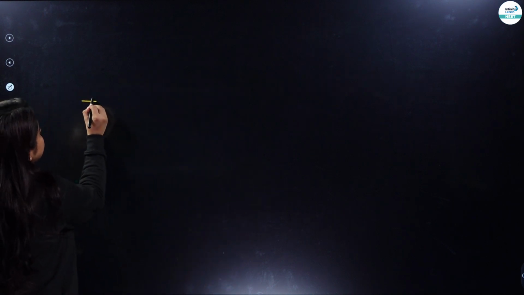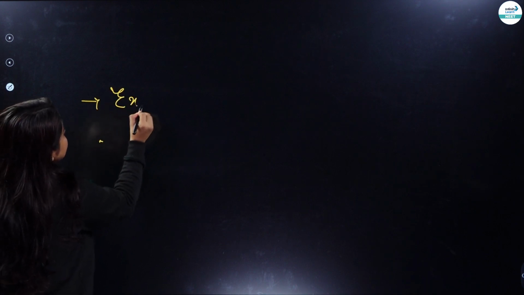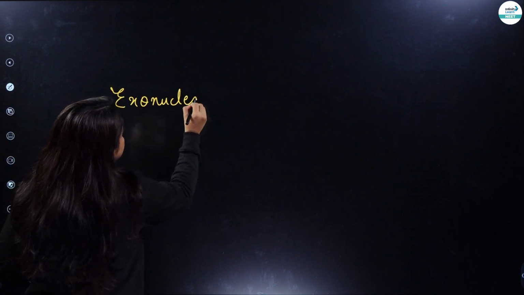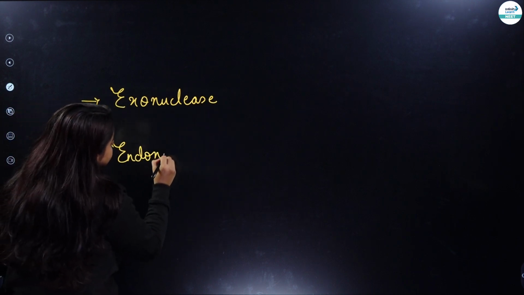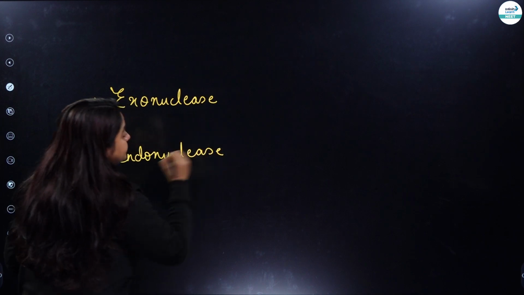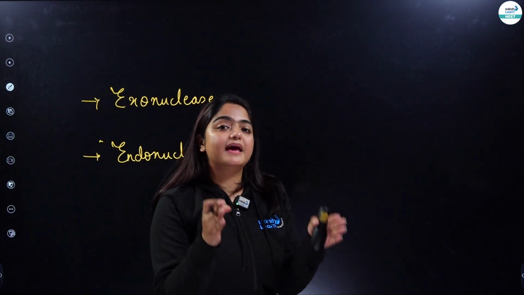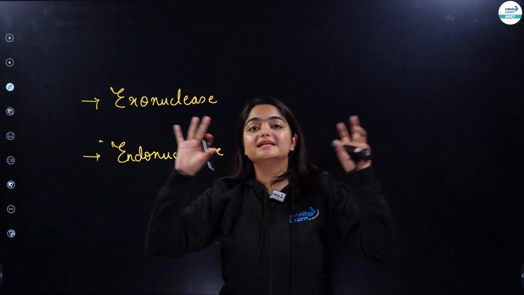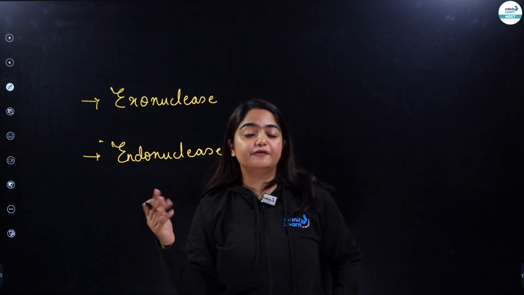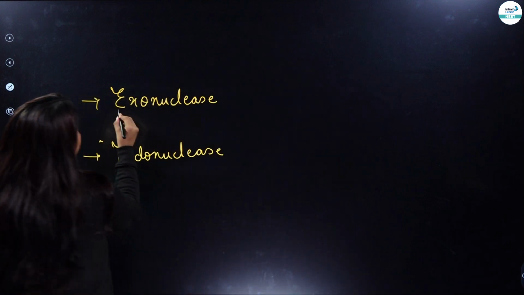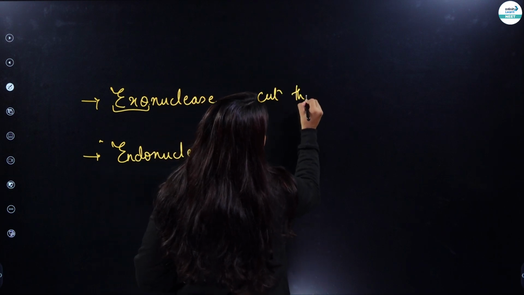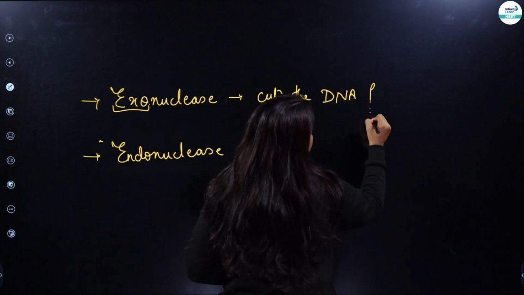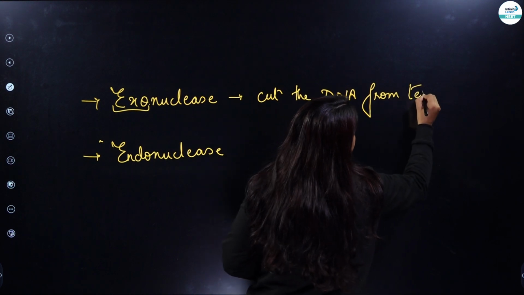Okay, now if I talk about the types of it, तो यहाँ पे majorly हम दो type के restriction enzyme की बात करते हैं. One is exonuclease and the other one is endonuclease. Again, by the name itself it's clear. अगर मैं exonuclease बोल रही हूँ, so it is towards the external side. Okay, so it is going to cut the DNA from the terminal ends of it. So whenever the word exo comes into the picture, यहाँ पे it will cut the DNA from terminal ends.